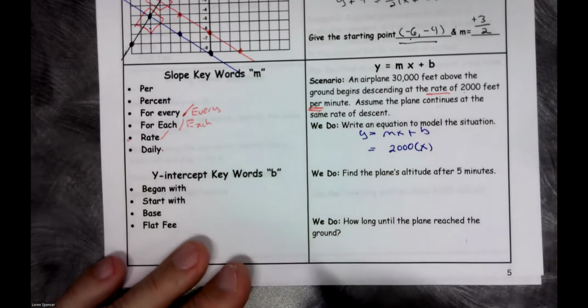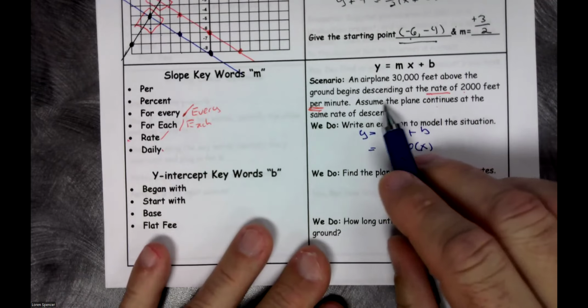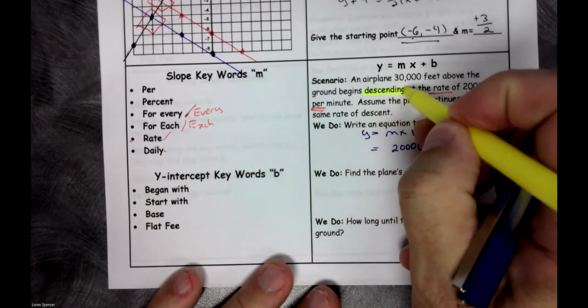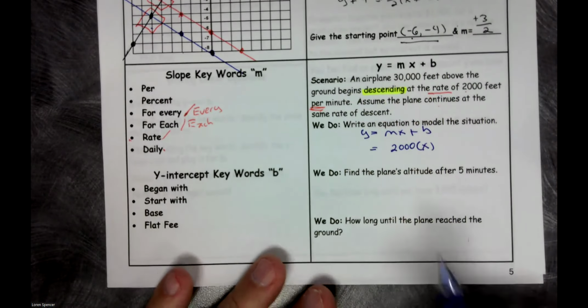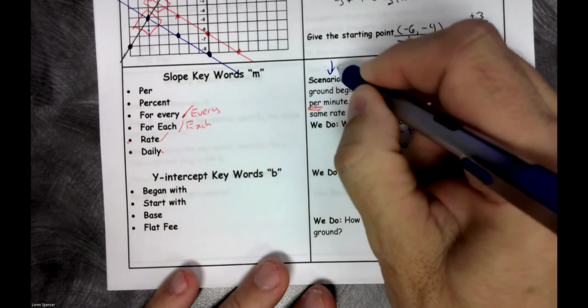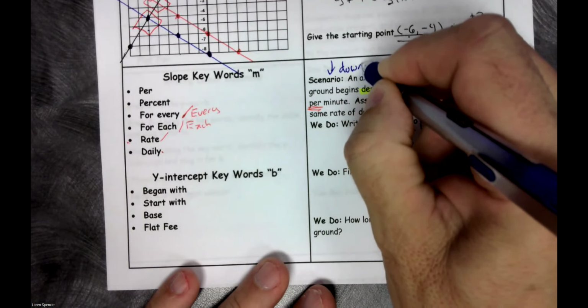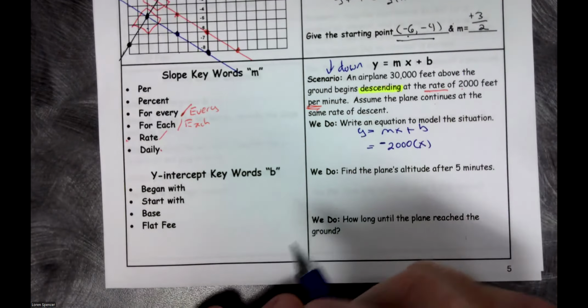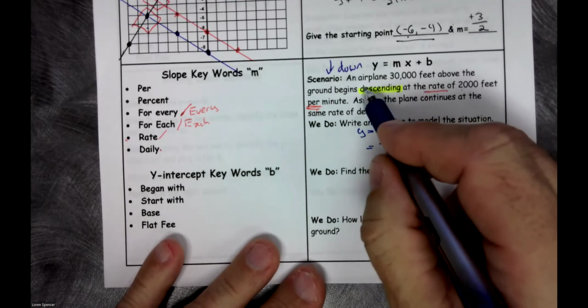I'll put the x in parentheses. But there's a key word, and that's descending. Is descending going to be positive or negative? Well, descending is going down, and down is a negative, so this is a negative 2,000. Okay, so we've taken care of that part of things.